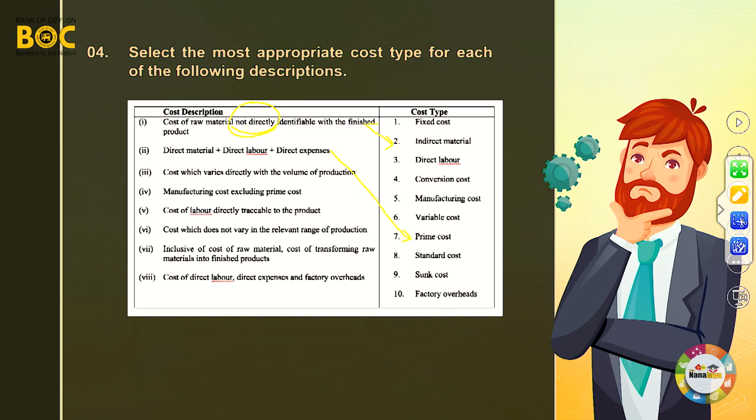The cost which varies directly with the volume of production: if a cost varies directly with the volume, we call it variable cost.